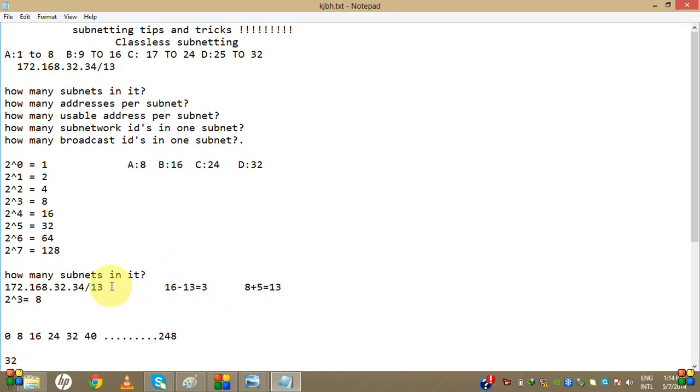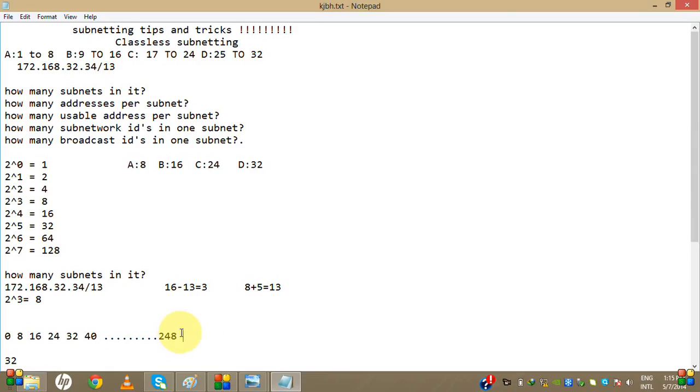I get the value 3, and now I put it in the power of 2, and 2 to the power of 3 gives me a result of 8. Now I have to write the table of 8 from 0 to 255.